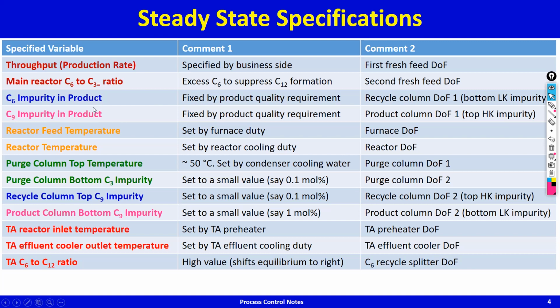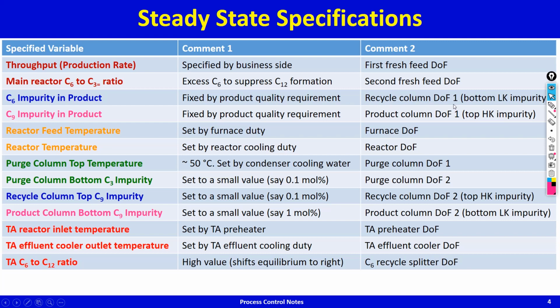So these two product impurity specifications take away another 2 degrees of freedom: the C6 impurity in the product and the C9 impurity in the product. C6 impurity in the product comes from how much benzene C6 is leaking down the recycle column. So this exhausts the recycle column, one of its degrees of freedom.